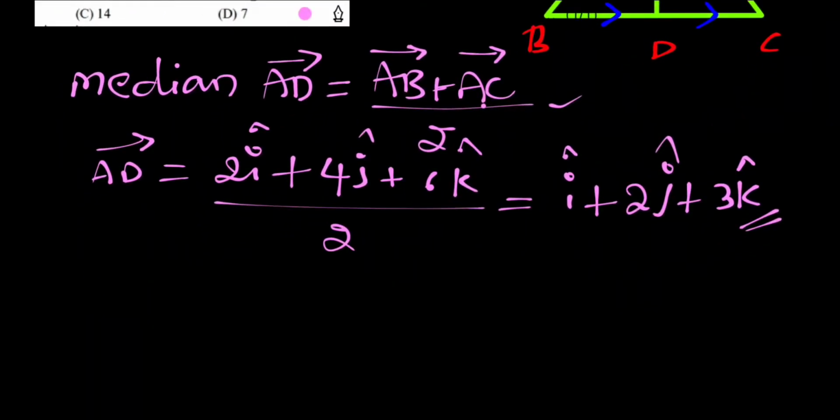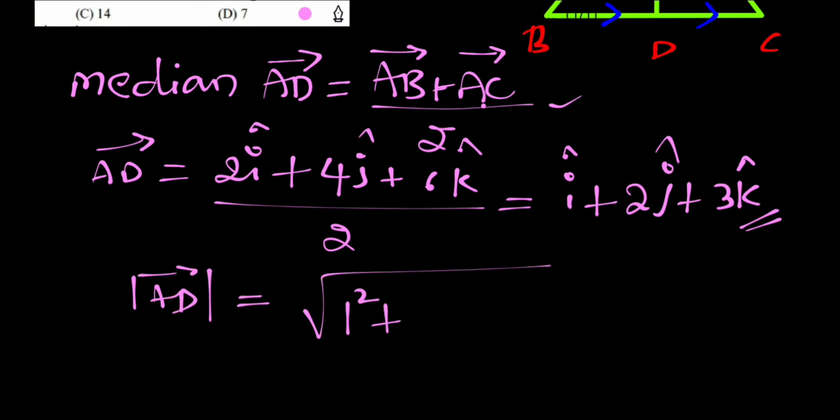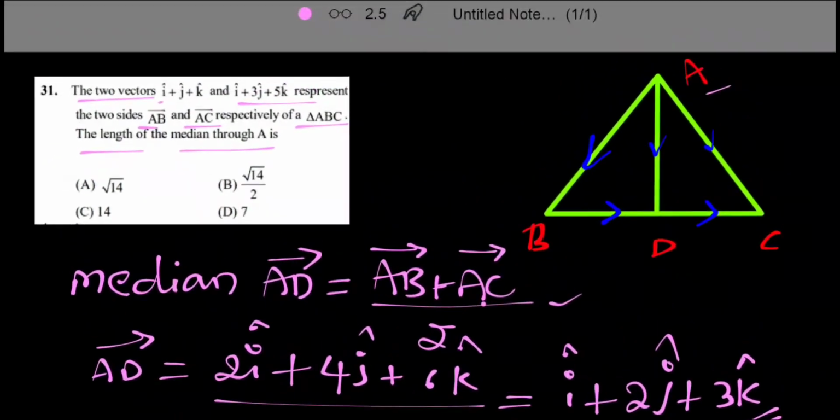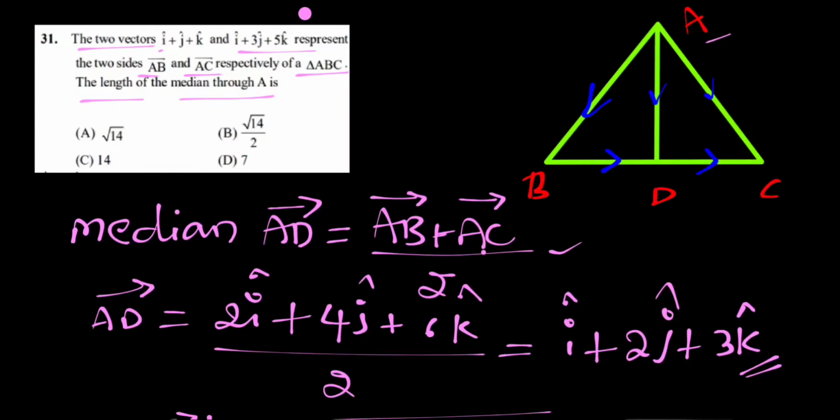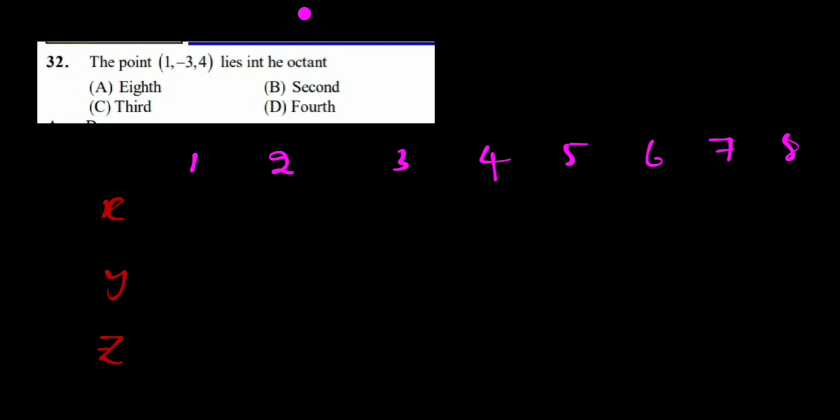Length of the median is the magnitude we have to find: square root of 1² + 2² + 3², which is 1 + 4 + 9, so root 14. Root 14 is the length of the median. So option A is the correct answer.